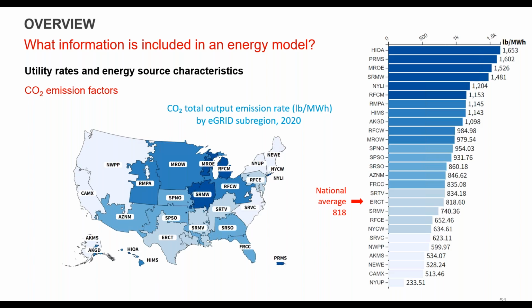They looked at all generation sources and divided by the total amount of electricity generated to come up with the output emission rates. So this is using a fixed approach. There are pushes towards having actual hourly factors available, depending on day versus night generation and seasonal generation.